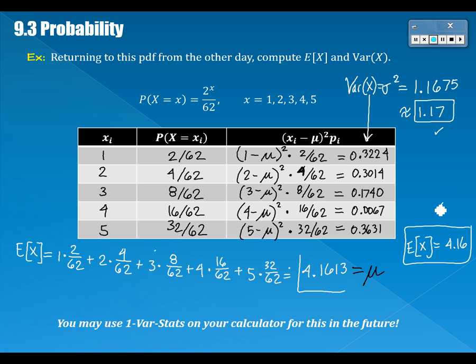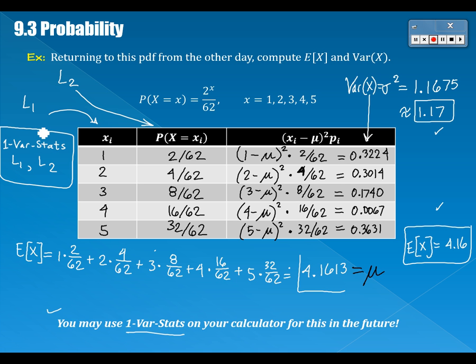Okay, so there is a way to enter this in your calculator, and it uses 1 var stats. So if you put these values in L1 and these values in L2, and then run 1 var stats, which is available, type in 1 var stats L1, comma L2, and you do that on your calculator.